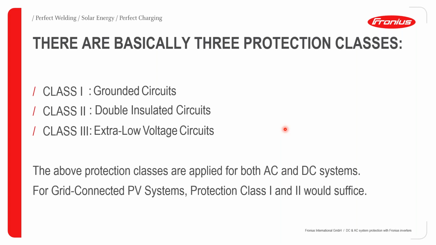These protection classes are of course applied for both AC and DC systems, and for grid connected or PV systems. Protection class 1 and 2 would be just enough. Class 3 would most likely be used for data communication lines and things like that, for RS 485 and similar communication protocols.